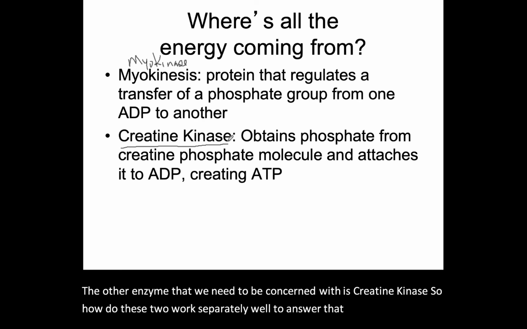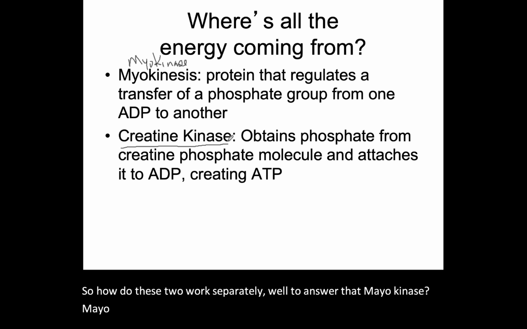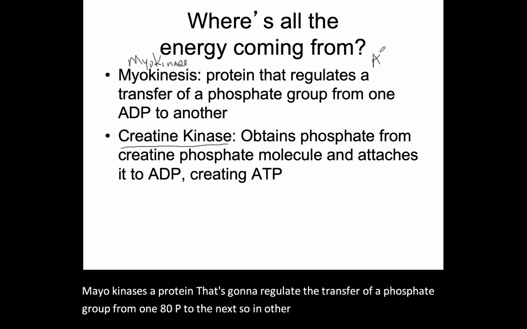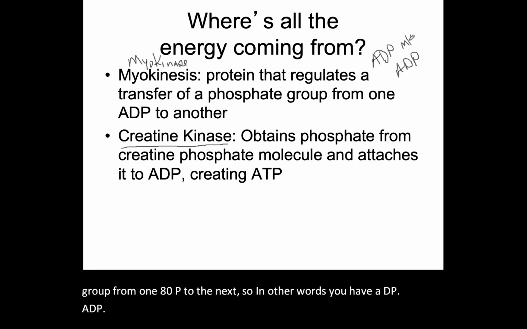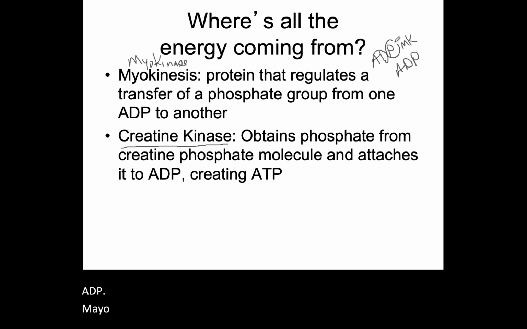myokinase is a protein that's going to regulate the transfer of a phosphate group from one ADP to the next. So in other words, you have ADP, and myokinase is going to take a phosphate group from here and add it onto here.